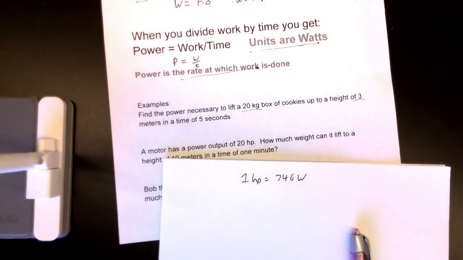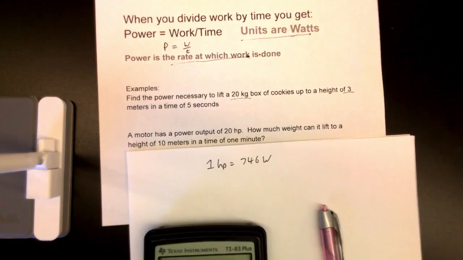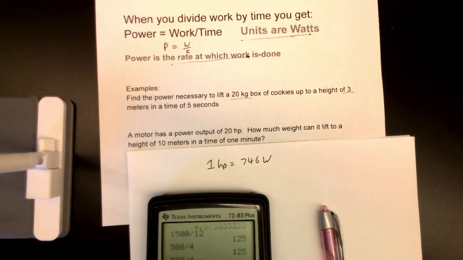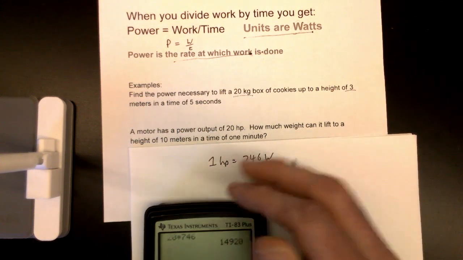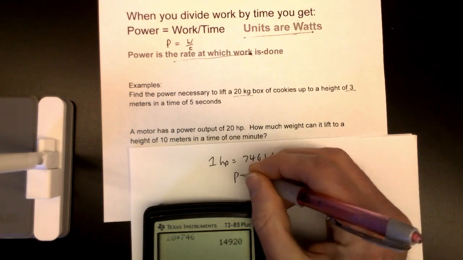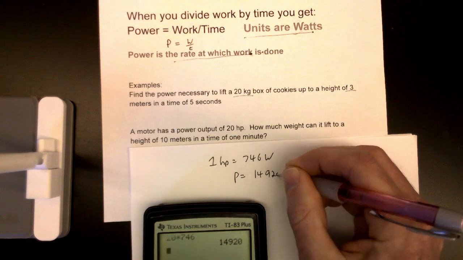So the first thing we're going to need to do is change the 20 horsepower into watts. So we have 20 horsepower times 746, and that's a lot of watts. So our power here is going to be 14,920 watts.